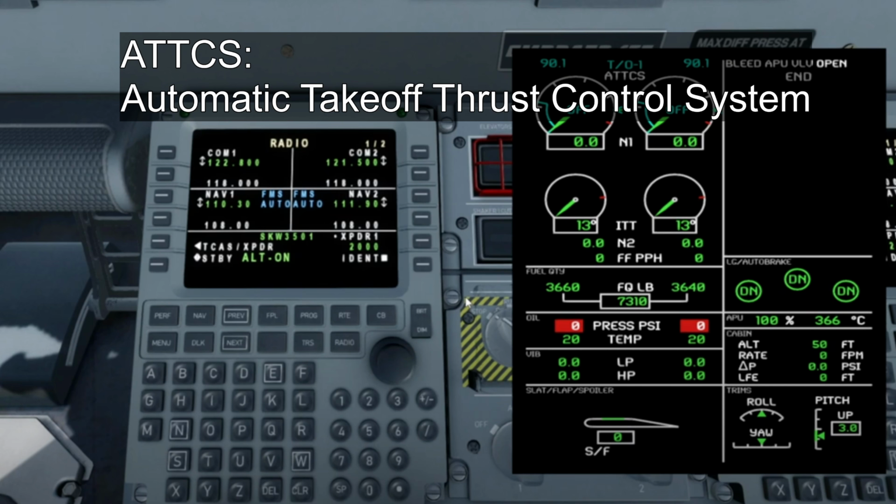So as soon as the ATTCS system is armed, we can disarm it, but if it is armed, then it is waiting to have some kind of an emergency event, and if that system is triggered, it's going to give us the absolute max power that the engine can produce. We're going to see those thrust ratings in just a second. If it's armed, it's white; if it's engaged, it is green.